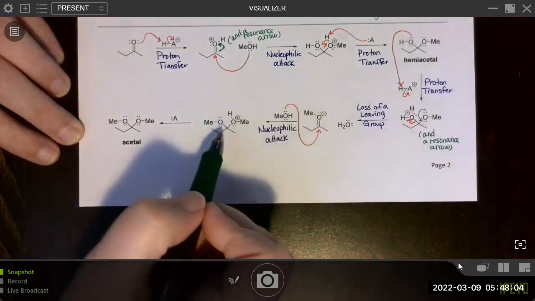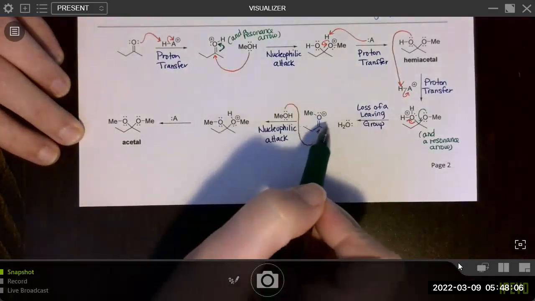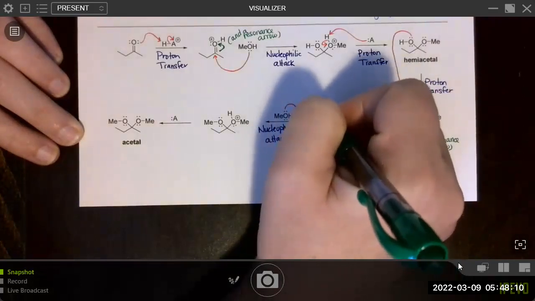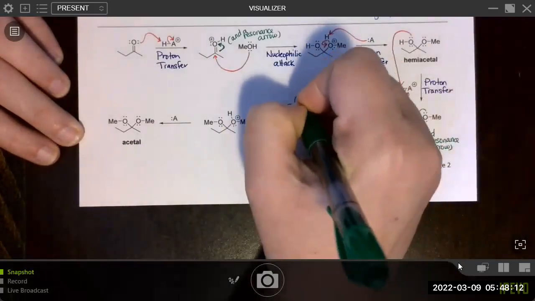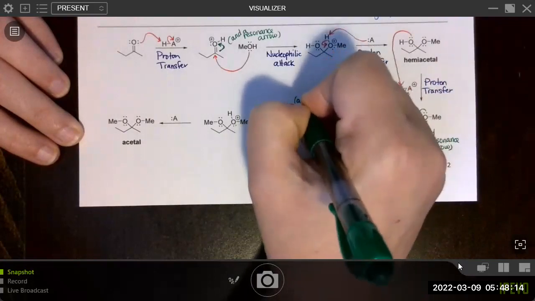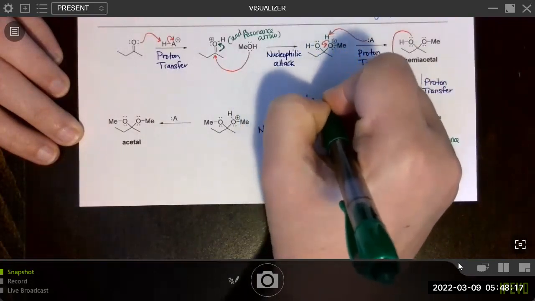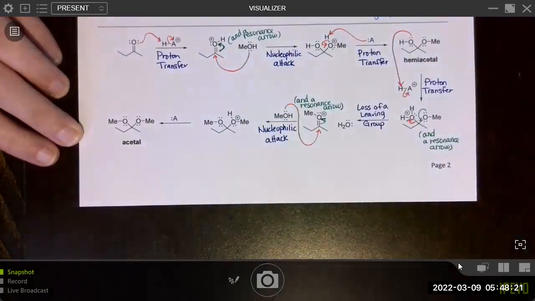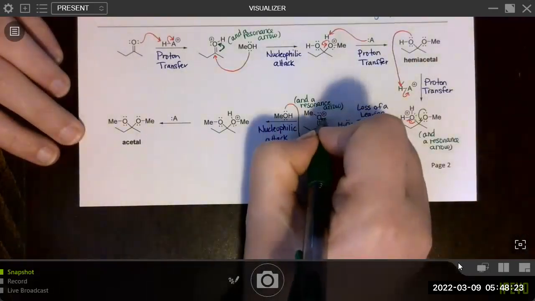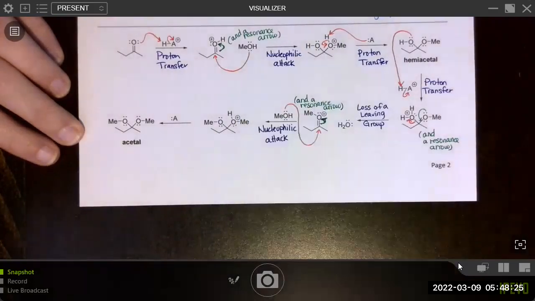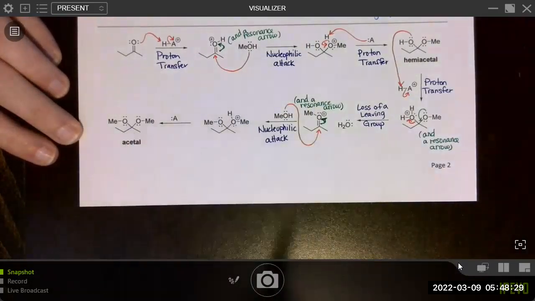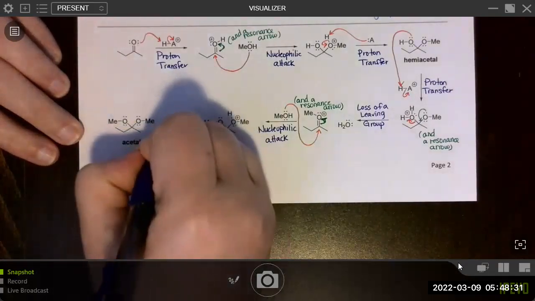And then we also have electrons moving up from the pi bond to the oxygen. So we'll say, and a resonance arrow. Ugly looking arrow, but sorry about that. Then lastly, a final proton transfer.